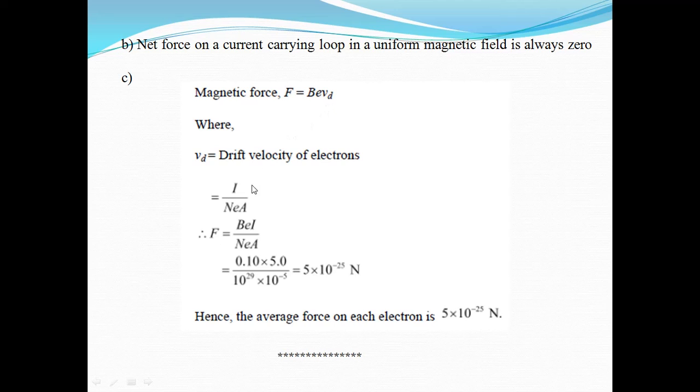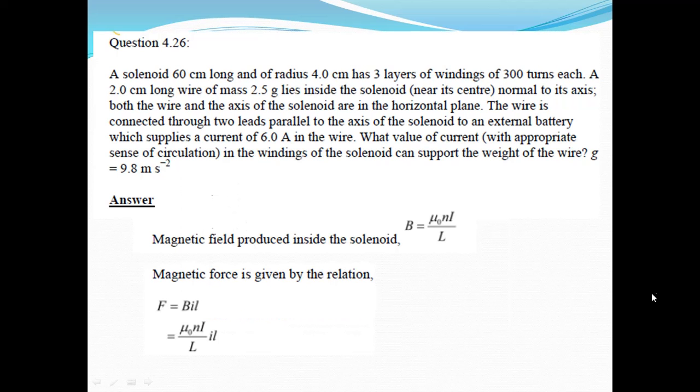Now we already know drift velocity has a formula I by nEA: the number density of electrons, charge of an electron, and the area of cross section of the wire. So we substitute all these values and you get force to be 5 into 10 to the power minus 25 Newton. So the average force on each electron is 5 into 10 to the power minus 25 Newton.